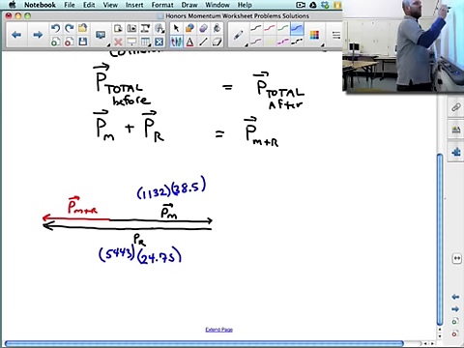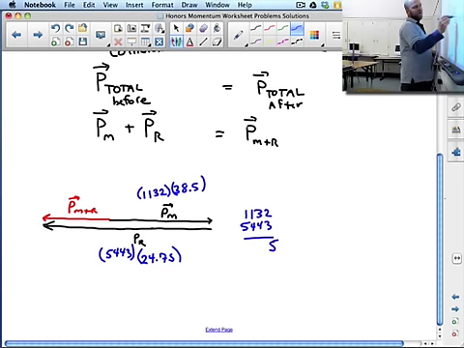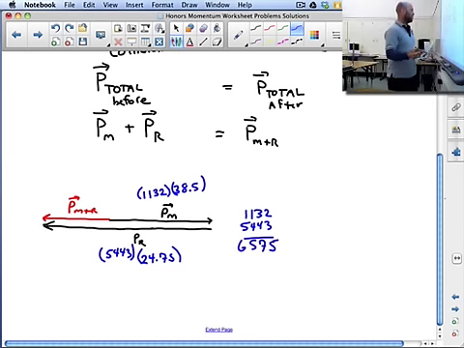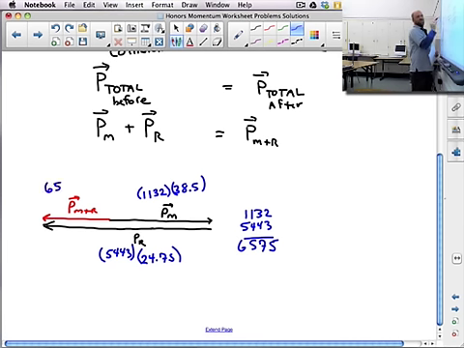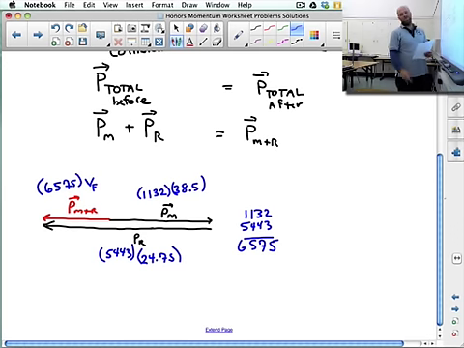Let's just figure out what that is. 1132 and 5443. All right. This is 5, 7, 5, 6. So the mass at the end of everything stuck together is 6575, and this velocity that I'm finding, I'm just going to call it V final. It's the final velocity of everything at the end that's all stuck together.